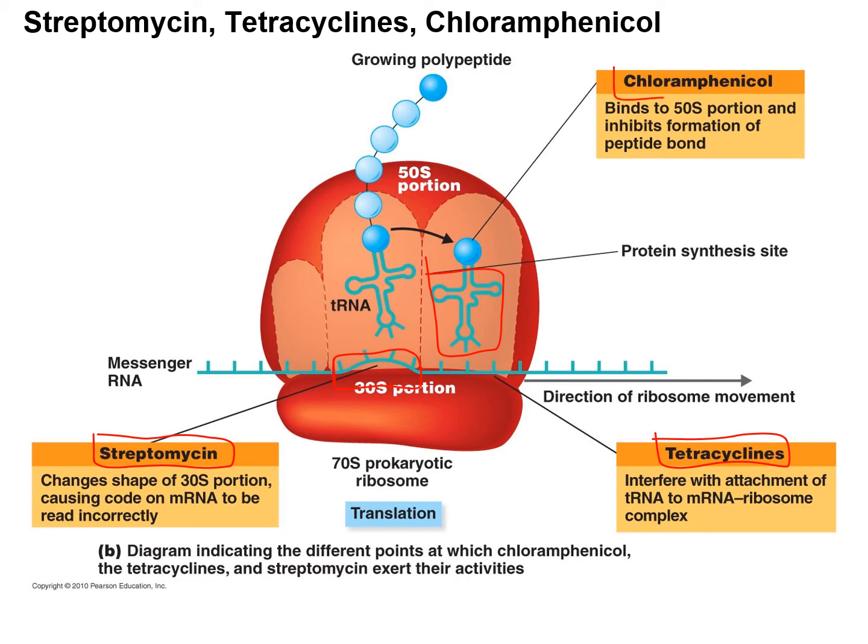And chloramphenicol will prevent the formation of peptide bonds. So ribosomes are performing 3 different tasks during translation, so those are 3 different targets for antibiotics. And with all of these antibiotics, they are targeting the 70S ribosomes. So these antibiotics only inhibit the function of prokaryotic ribosomes. They will not inhibit the function of eukaryotic ribosomes.